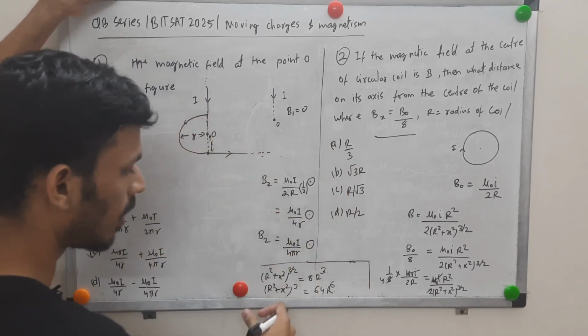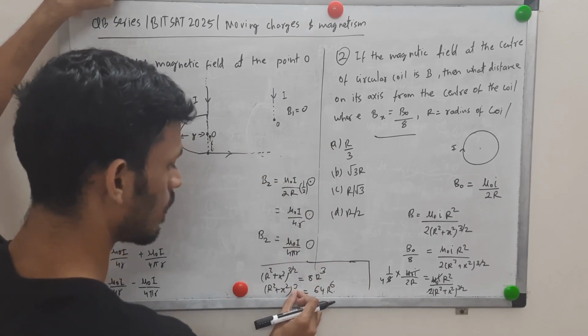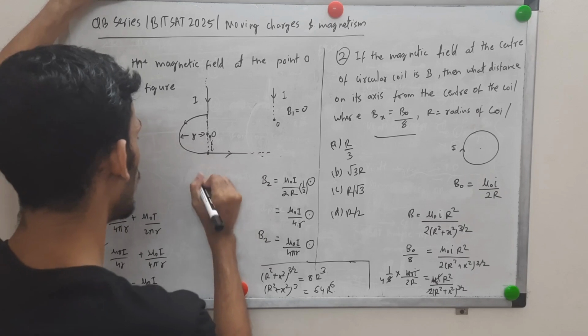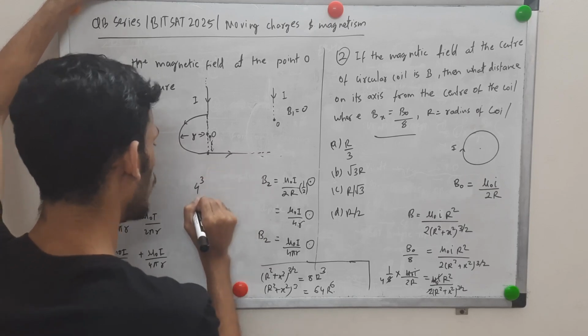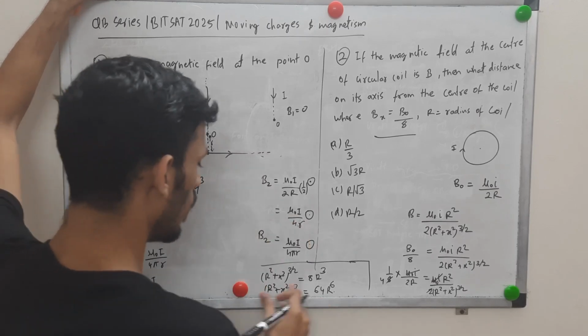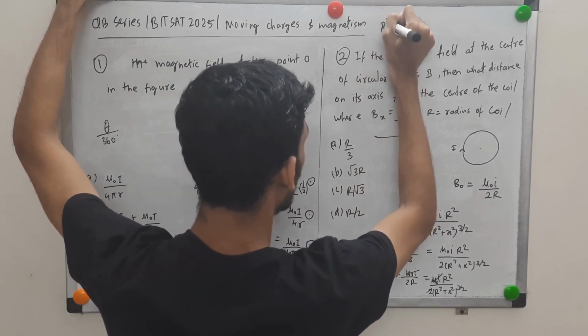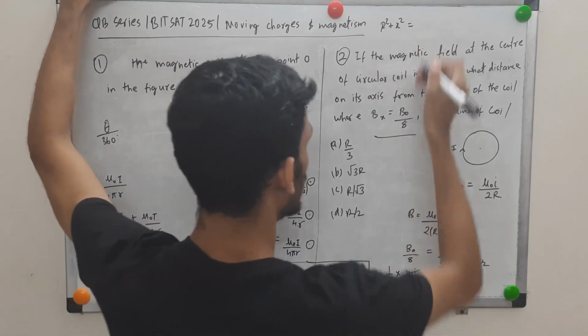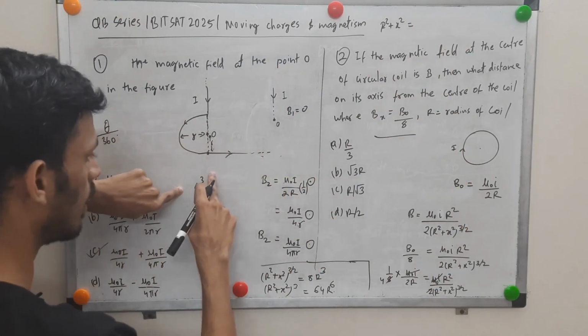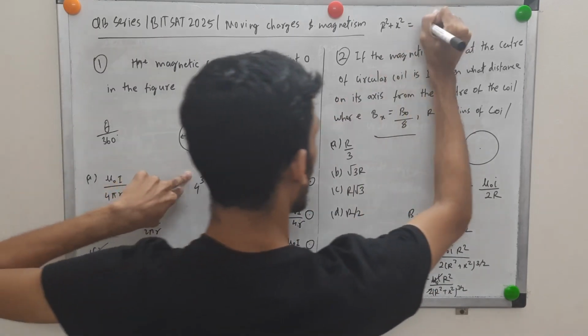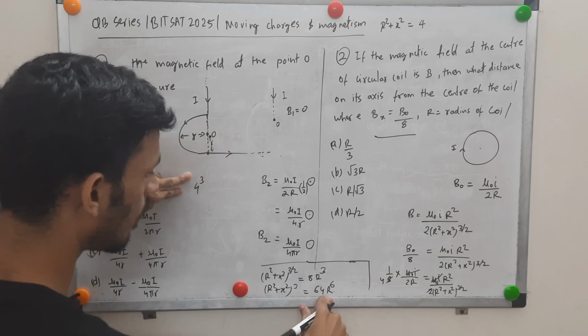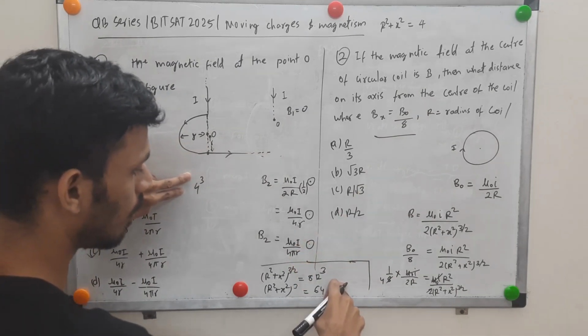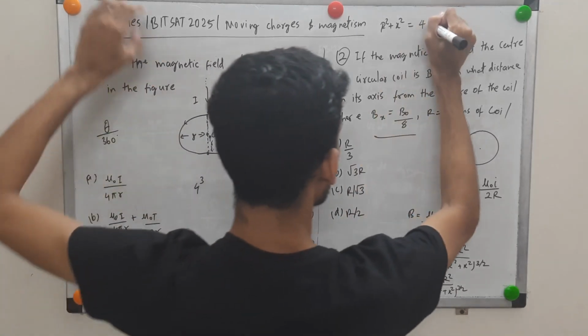Now take power 1/3, so you'll get rid of this power cube. Okay, and if you see 64 is 4 to the power 3, right? 4 cube is 64. So if we take the power 1/3 on both the sides, that 1/3 and this 3 will get cancelled, so you'll have 4 r to the power 6 times 1/3, so you'll get r square, right?